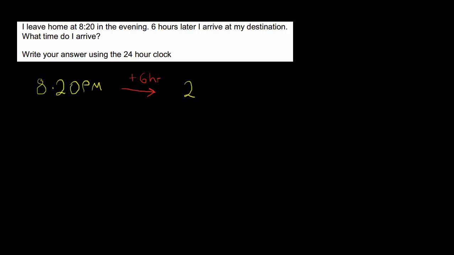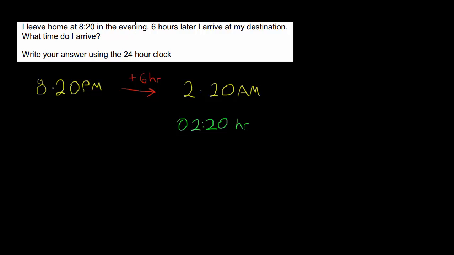But therefore 6 hours later after 8:20 will be 2:20 AM. And then we would just say, okay, I've got my 12-hour clock. What is that in 24-hour clock? 0220. I like to put the double dots in myself, and I also like to put HR.